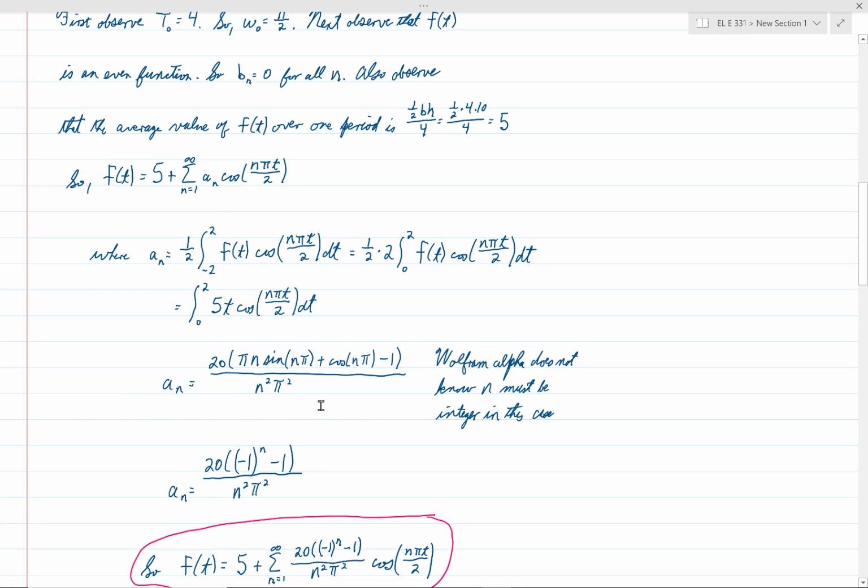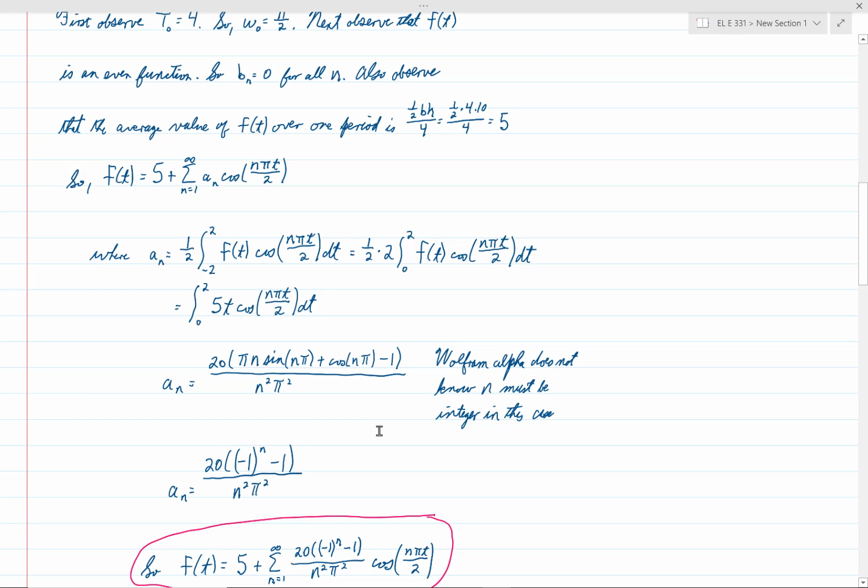So we only have values n equals 1, 2, 3, 4. It's just the counting numbers. And so in view of that, we know that sine of n pi is equal to 0. So this first term goes away. And likewise, we know that cosine of n pi is the same thing as negative 1 to the n.